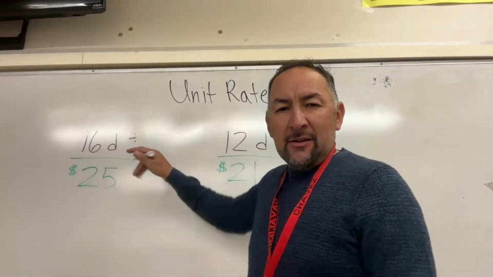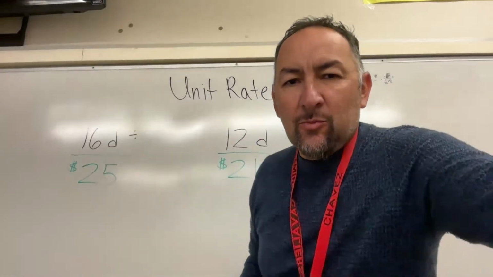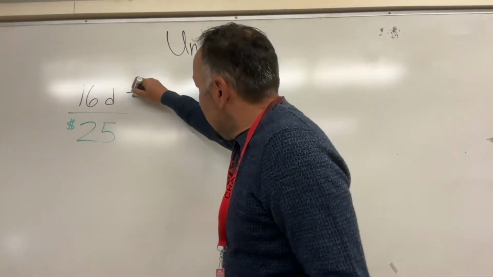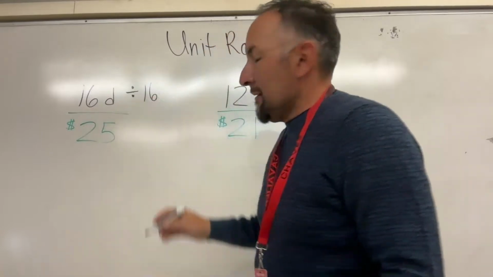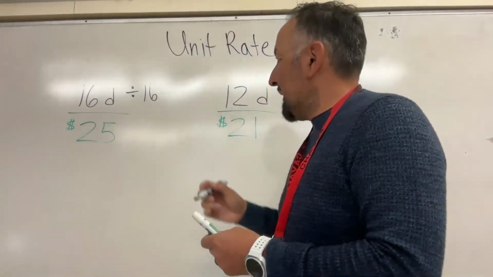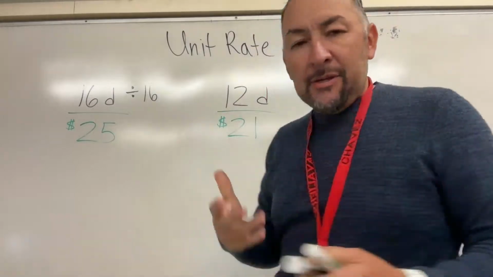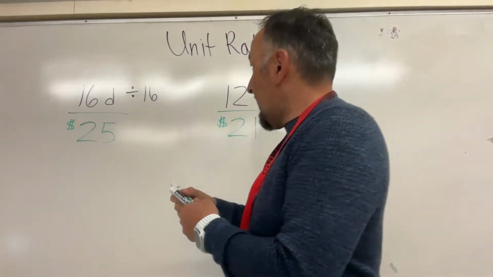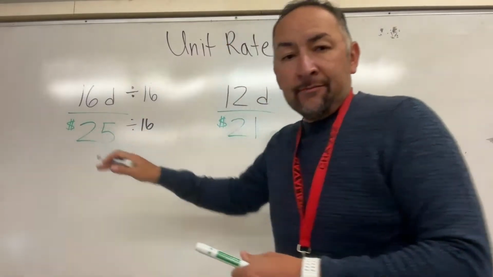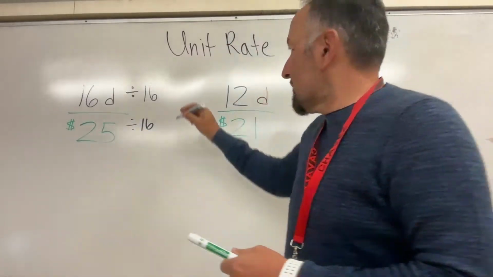So I want to get this down to just one donut. How much was it for just one donut? So let's go ahead and divide that by 16. 16 donuts, but let's just find out how much it was for one. Let's divide it by 16. And then to be fair, to be equal, we have to also divide this number by 16, to find out how much it is for just one.